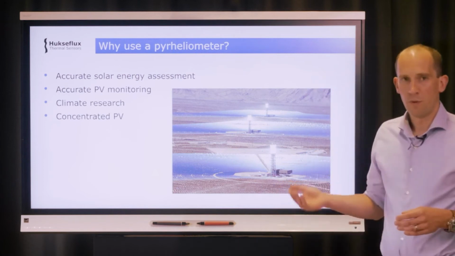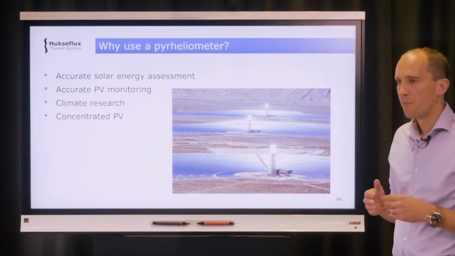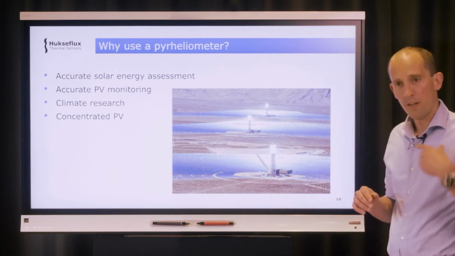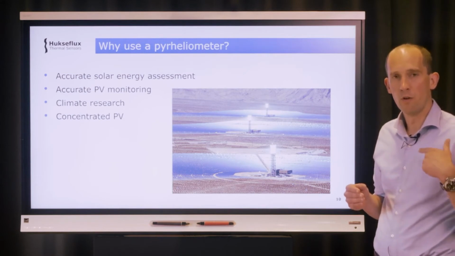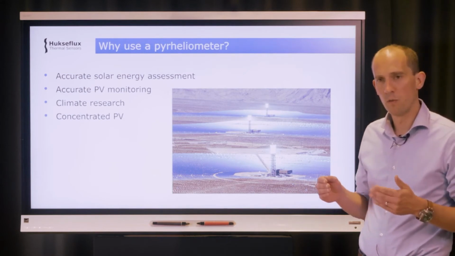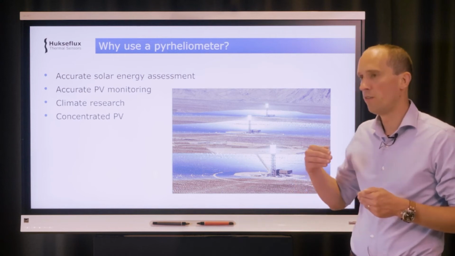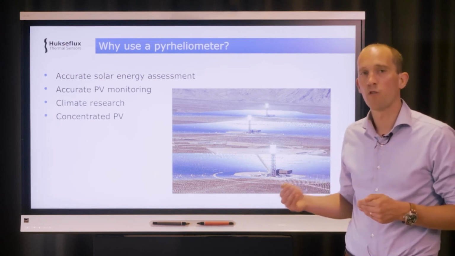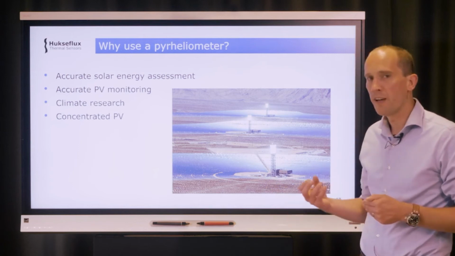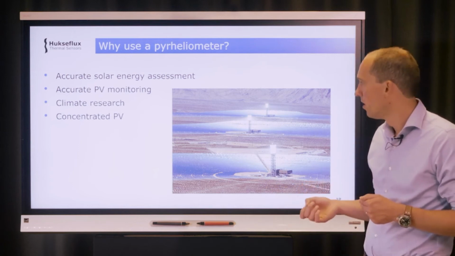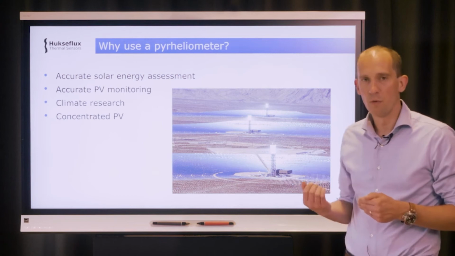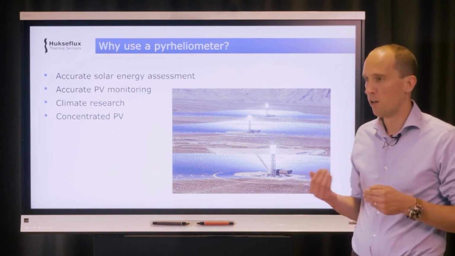Now, why would you use a pyrheliometer? Simply, many times with just a pyranometer you can get a good measurement of solar radiation, but if you want to push for more and more accuracy, you use the direct normal irradiance measurement as an extra measurement. So for very accurate solar energy assessment, or for very accurate PV monitoring, you see pyrheliometers used.